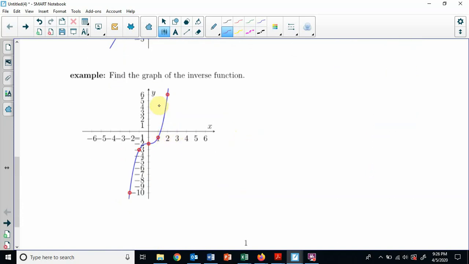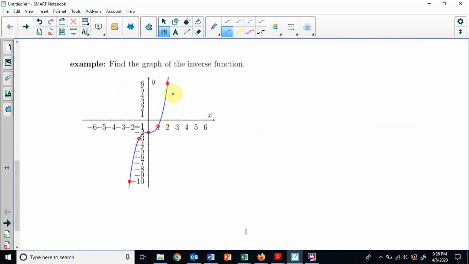So here's another example. Let's do this one. I gave 5 points. Let's pick these 5 points. Let's switch them and then draw the inverse. Okay, so what are the points? Let's see if we can, well, no, we might as well list them out. -10, -2, I believe. Oh, I already switched that one. Man, I am tired.